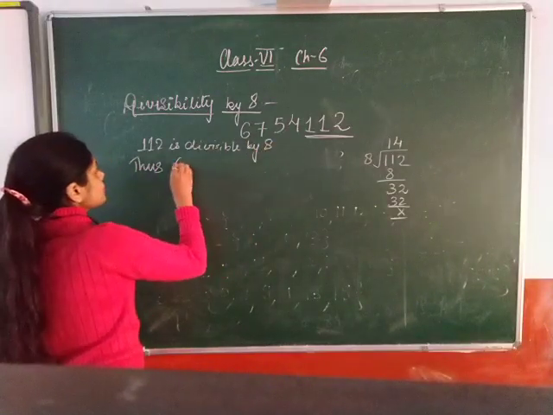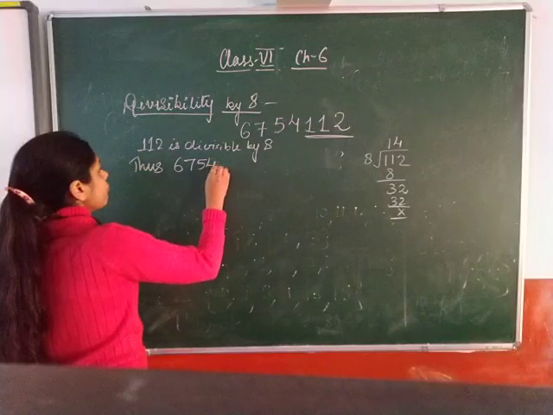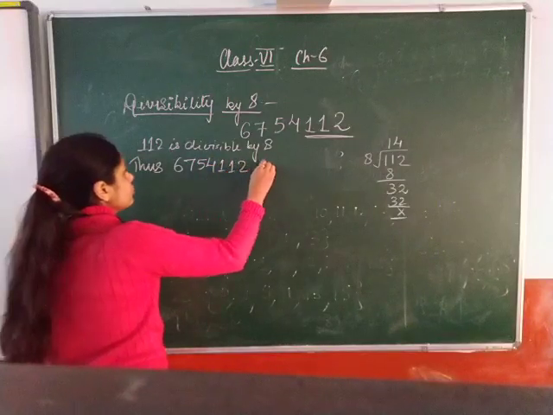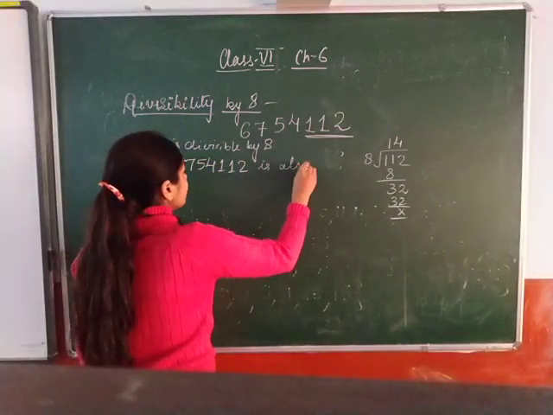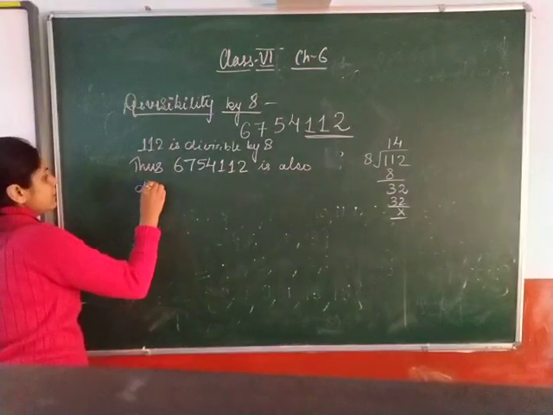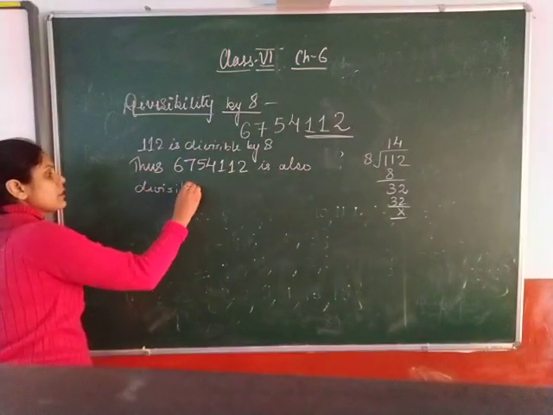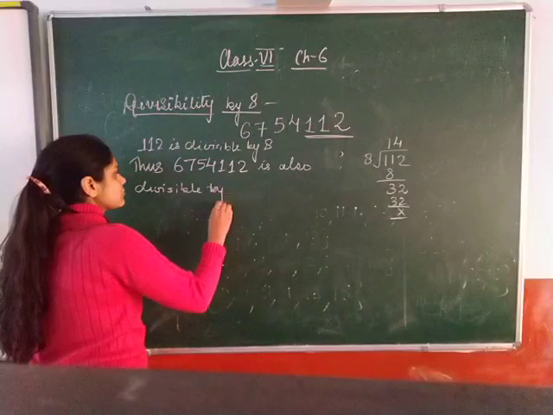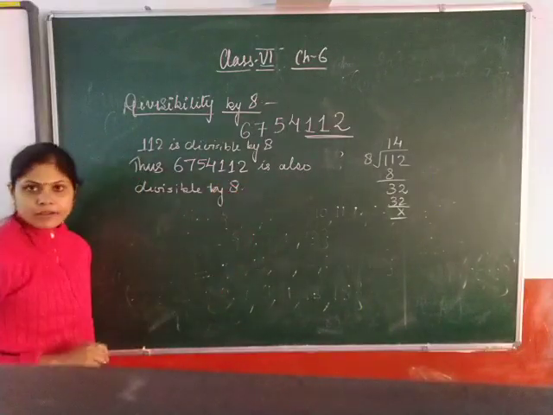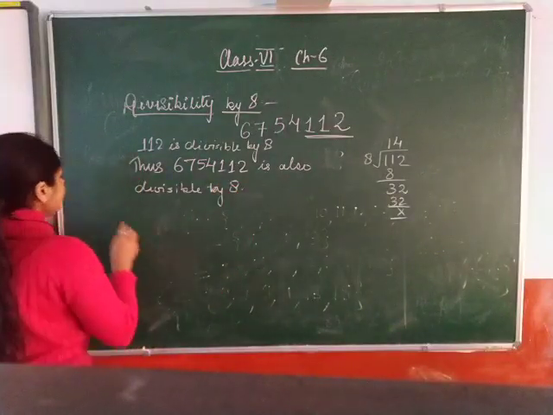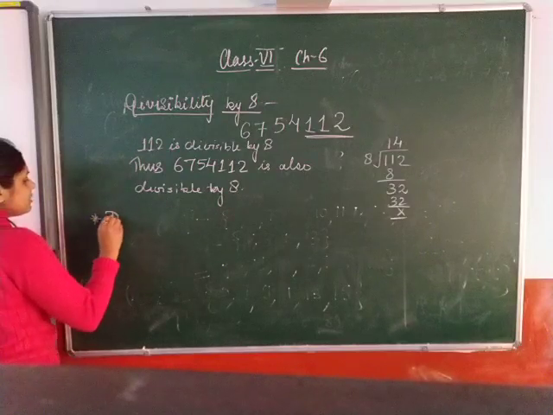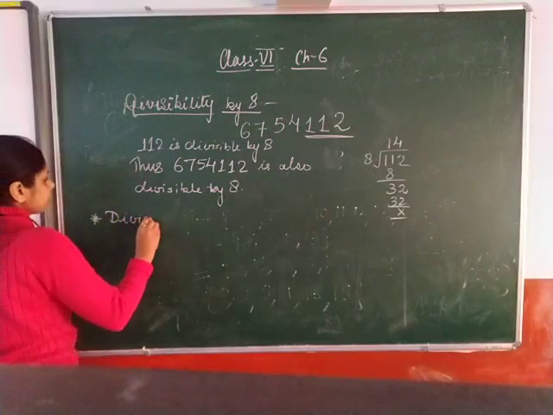Thus 6754112 is also divisible by 8. Clear? Fine? Okay, now we will see how to check divisibility by 9.